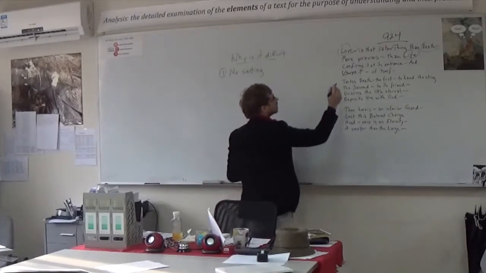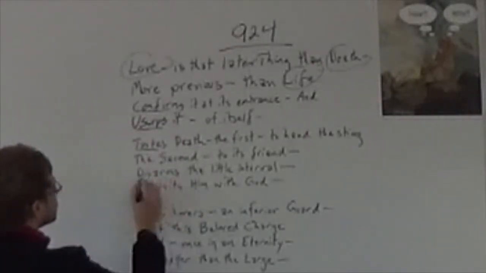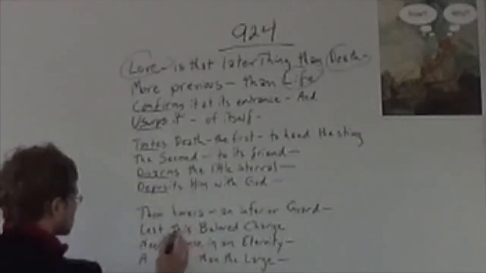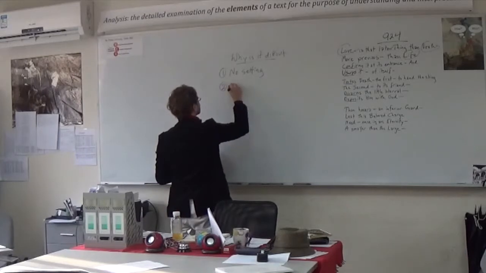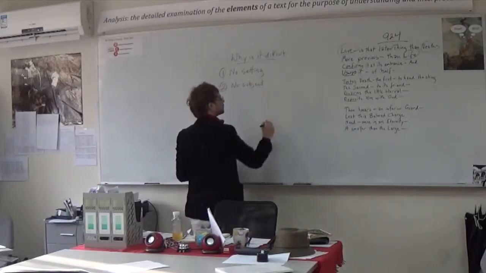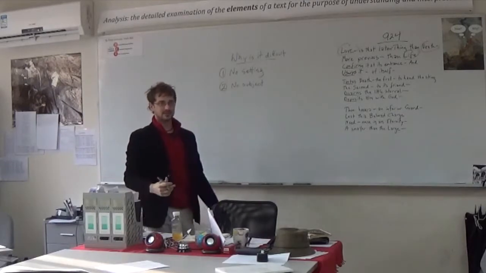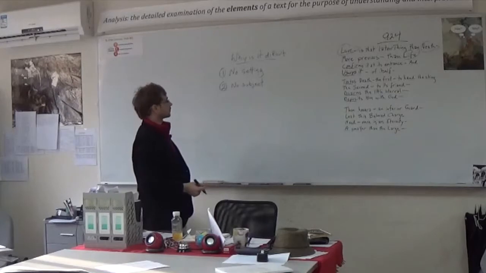Secondly, we have all of these lines that are beginning with verbs, and there are no subjects. We don't know what's doing these things necessarily. At least at my first observation of the poem.